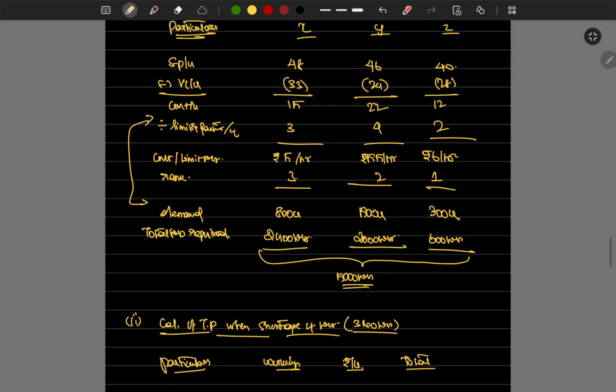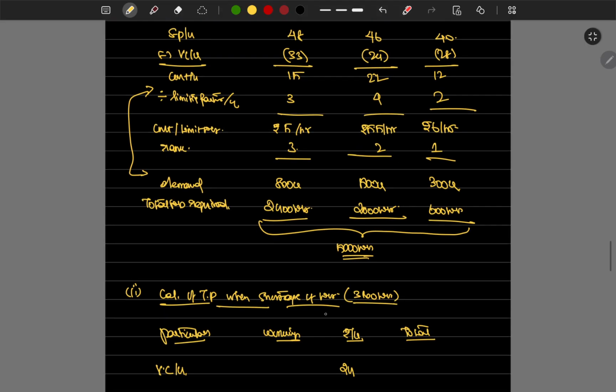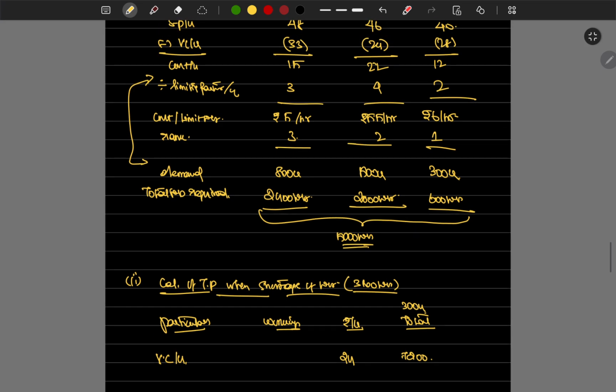How many units we have to give to division Y, which is 300 units. 300 into 24, which is 7,200.